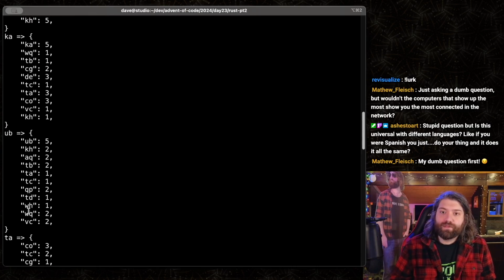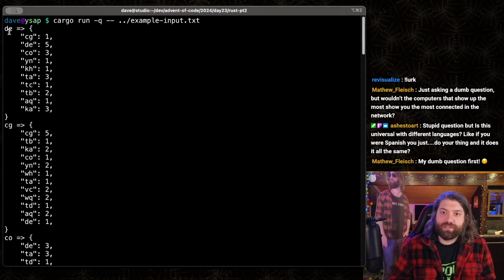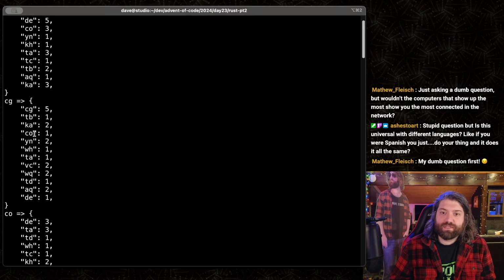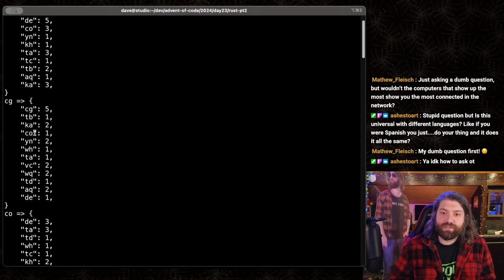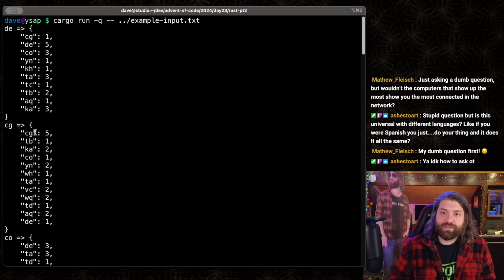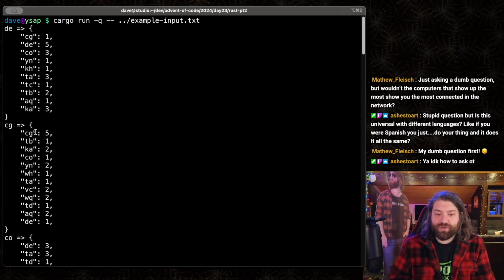Okay. So if we're looking at computer DE, these are how often all the neighbors show up. So DE was seen 5 times. I don't know what this shows me.